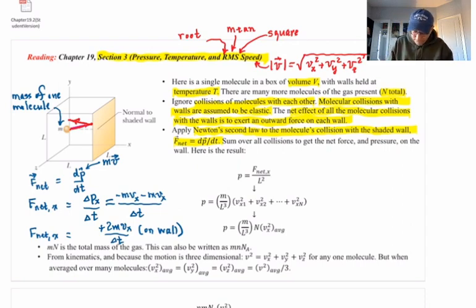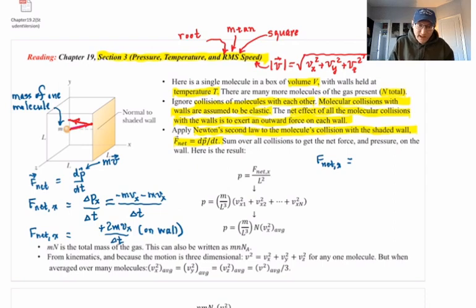All right, now one more thing. Let me come over here to work a little more with that expression. How much time, delta t? What I really want there is basically the time between two successive collisions of that molecule with the shaded wall. So the clock kind of starts when the molecule collides.